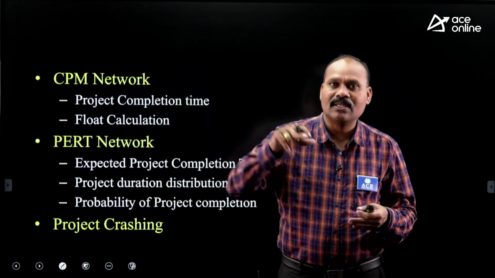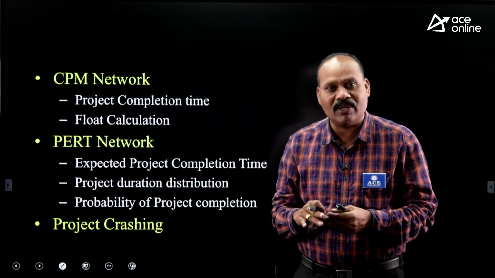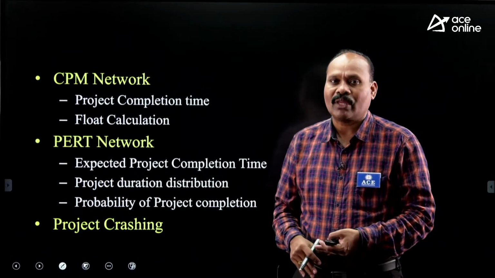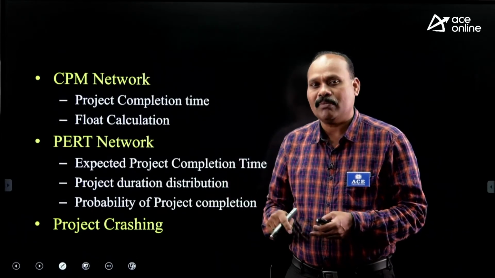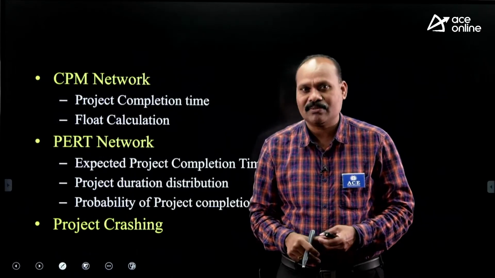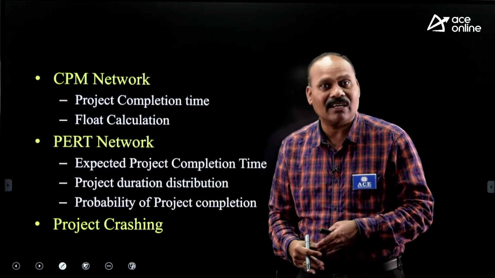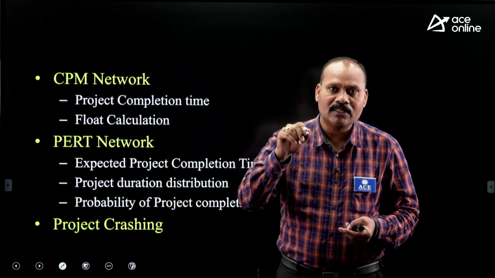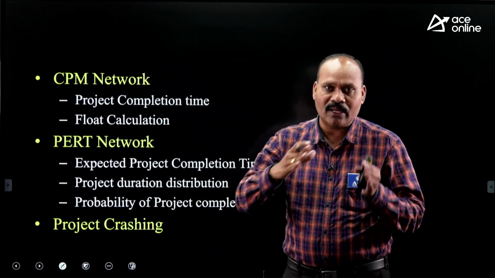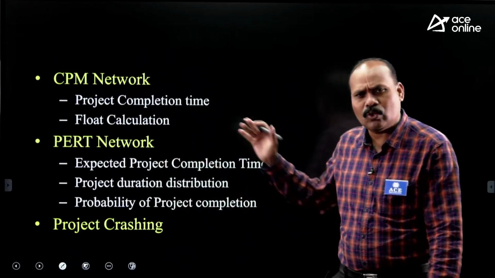So direct cost is given directly to us, or else from the given data we can estimate total normal cost, that is nothing but direct cost. Indirect cost is given per unit time. If you multiply with the project duration, then you will get total indirect cost. And when you perform any crashing, extra cost will come into picture, that is crashing cost. Now total project cost for so and so target duration, the equation could be total direct cost plus crashing cost plus total indirect cost.